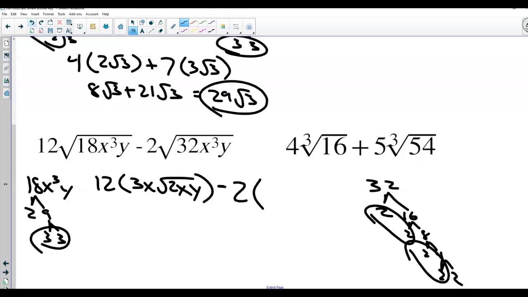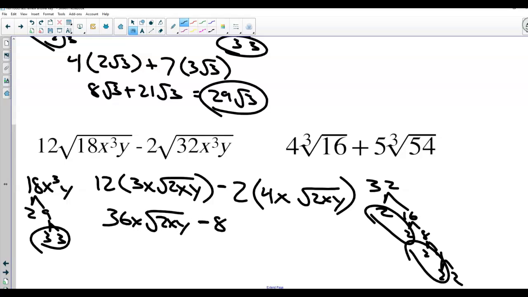Minus 2 times 4 root 2. 3 divided by 2, x, x. And then we have a y. So we end up with 36x root 2xy, minus 8x root 2xy.